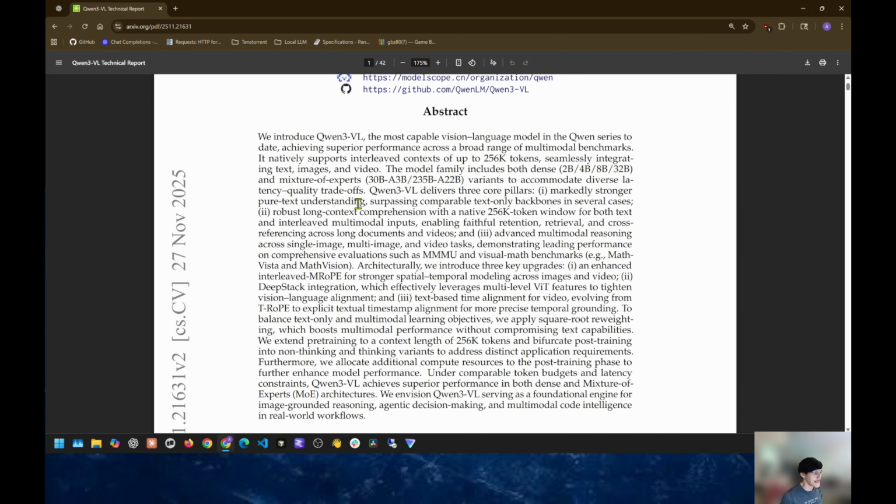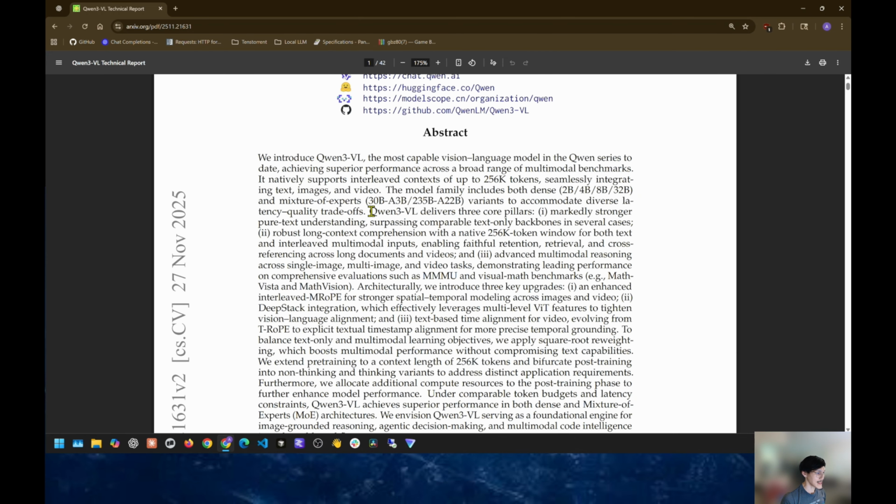Okay, so Qwen3 VL delivers three core pillars. First is a markedly stronger pure text understanding, surpassing comparable text-only backbones in several cases.